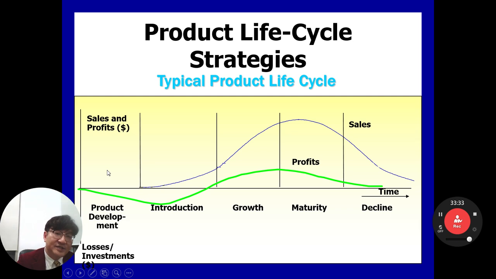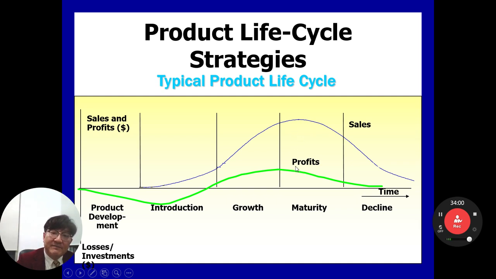Why? We do have negative profit in the product development stage. You need to invest lots of money to develop this product without any sales. So your profit is obviously negative, right? So at the launching timing, the profit curve is actually negative, like this, right?